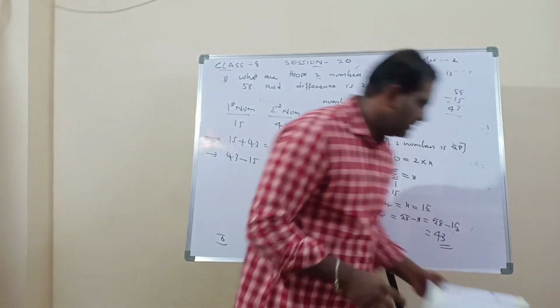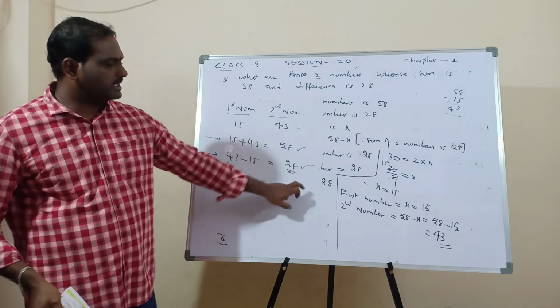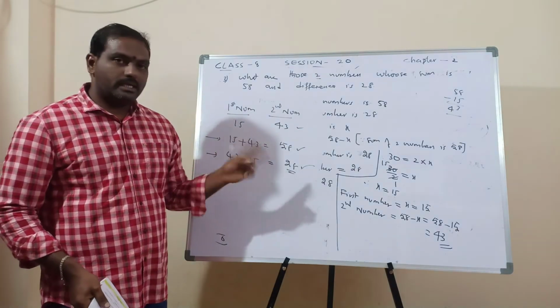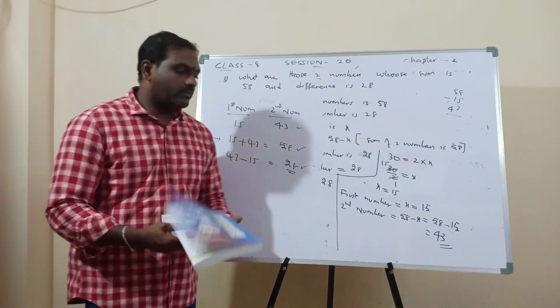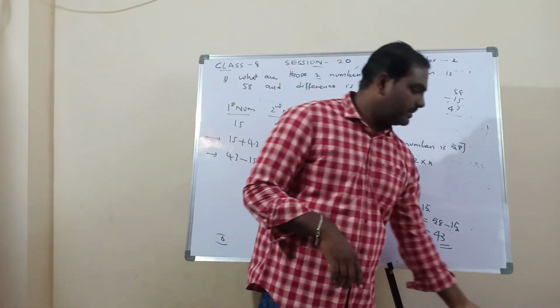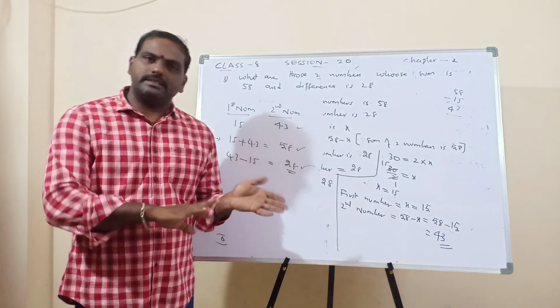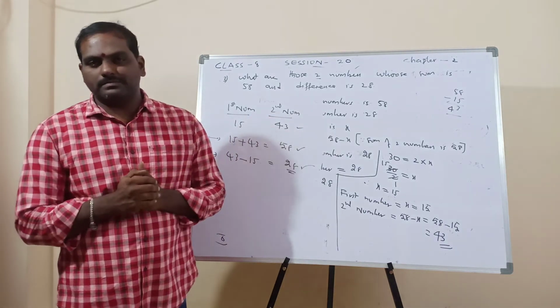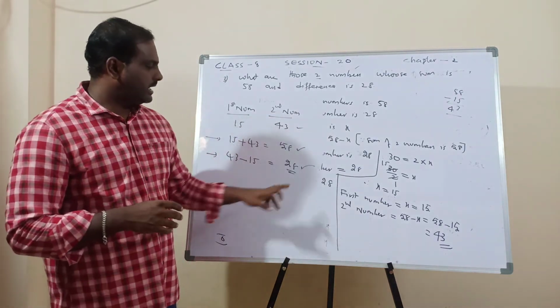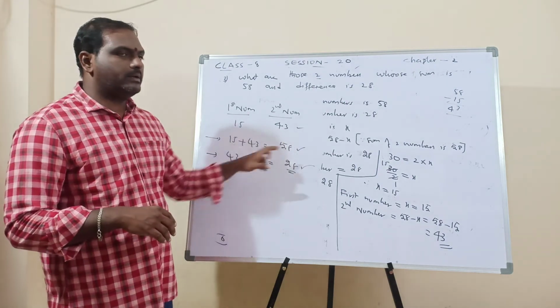You try to find the logic in this one. So here you may get one more doubt. Sir, why should we do second number minus first number? You can also do first number minus second number. No issues, no problem. I did second number minus first number.